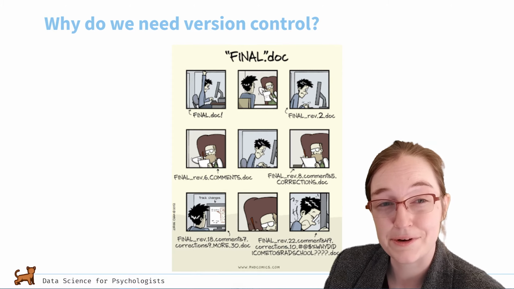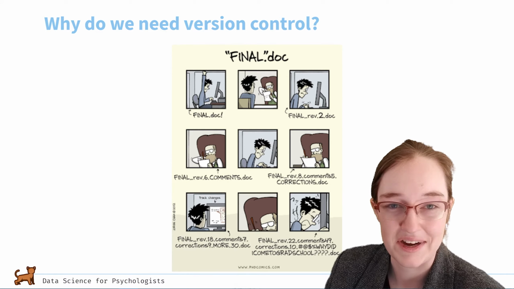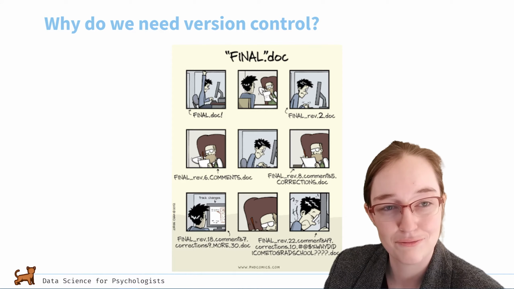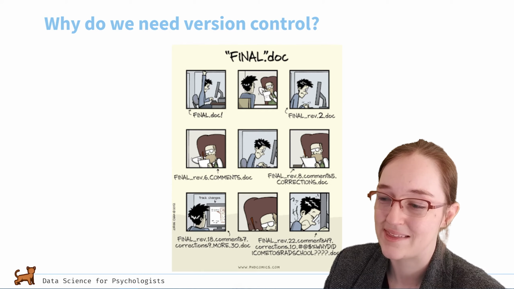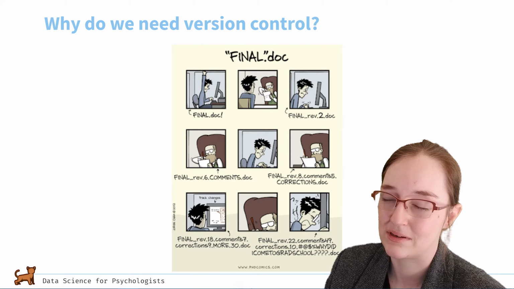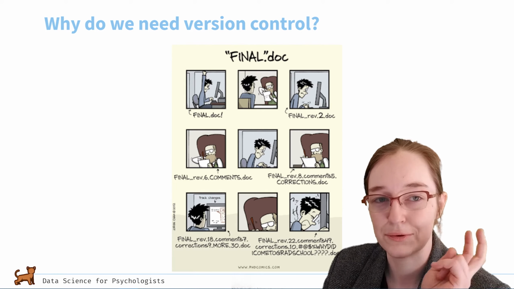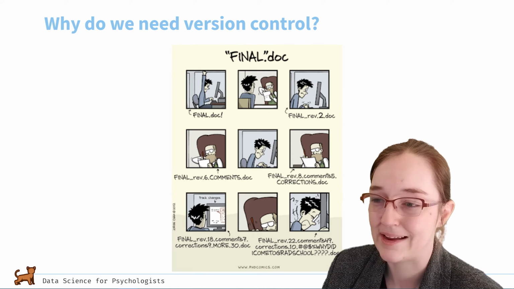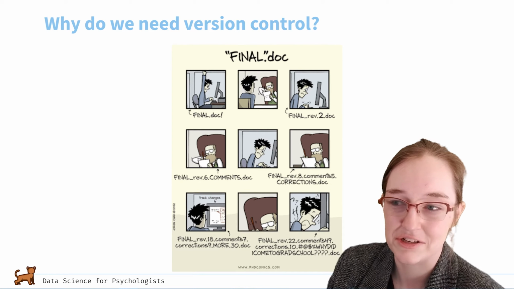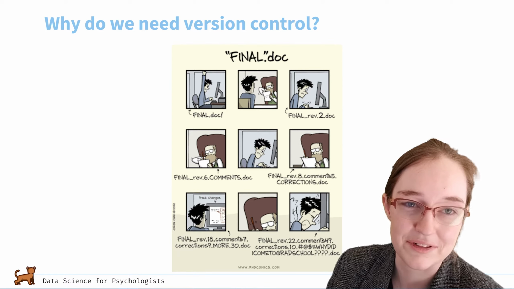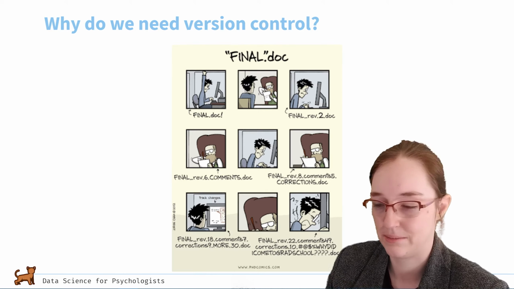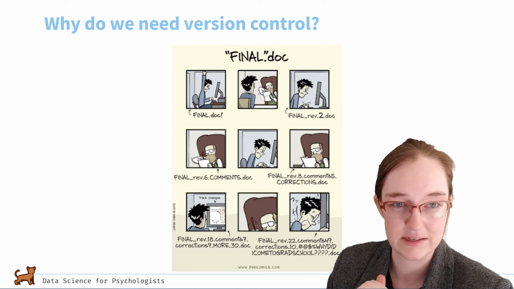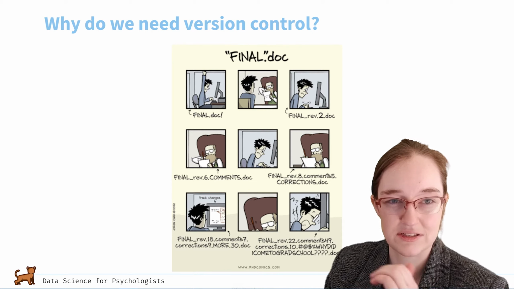Okay, why do we need version control? So you may have experienced this when you're getting feedback from your advisor, and I had this experience with my dissertation, where I think by the end there were like 20 different final versions, and each one had changes, and so we had to rename the final document: final 2, final 3, final 4, final really this time, final sure for realsies, final, just kidding.